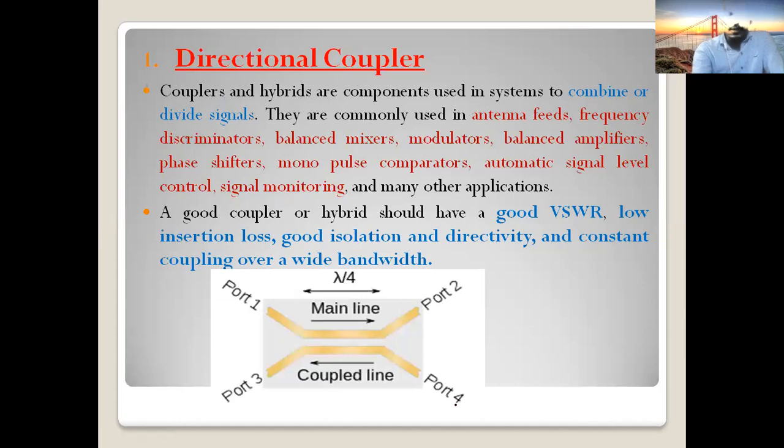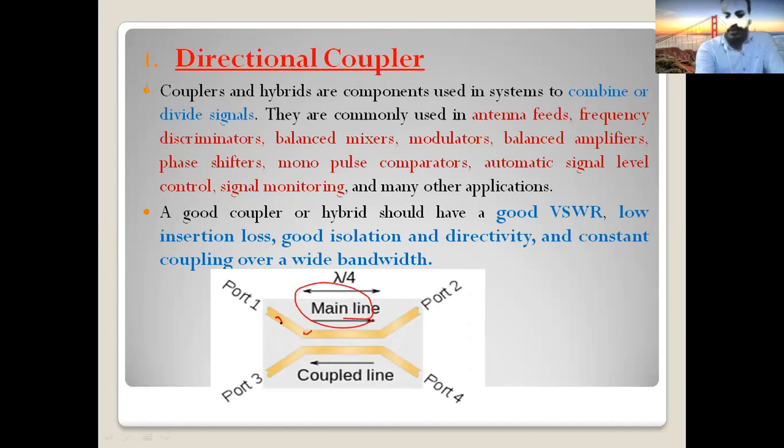Now, you know why we call this device a coupler. Why is it called a coupler? Because when you apply a signal here at input port 1, the signal is divided into two. One goes to port 2 directly, another is transferred to another transmission line. We call it the coupled line here. There are two types of lines here. The first transmission line, this one, is our main line.